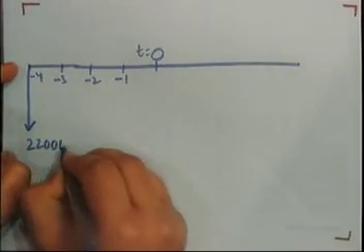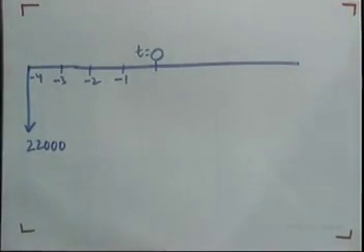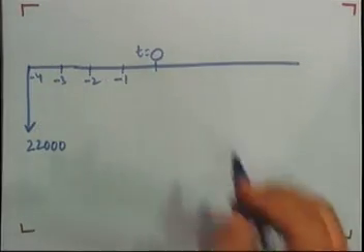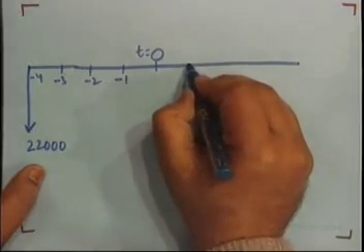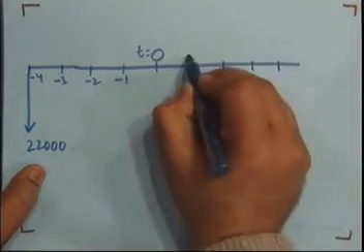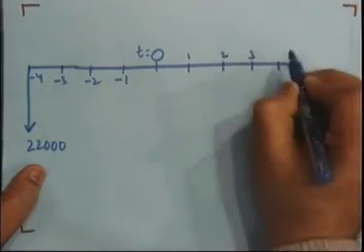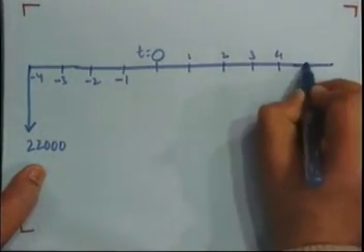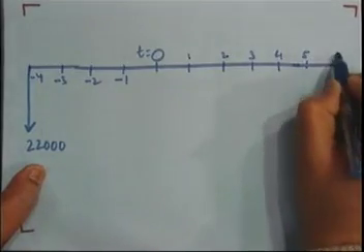I purchased this equipment for 22,000 4 years back. Now, this equipment is going to last for another 6 years from now. So, you have 1, 2, 3, 4, 5 and 6.